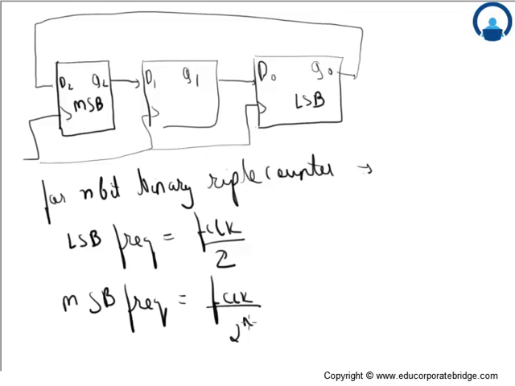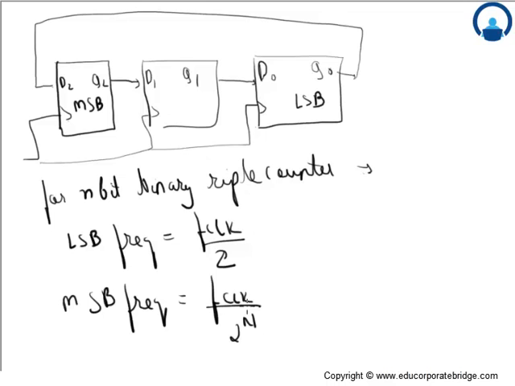In case of a ring counter, the frequency of the waveform available at the output of each flip-flop is the same and equal to f clock by n. But they are phase shifted with respect to each other. The amount of phase shift between any two consecutive flip-flop output waveforms is 360 by n.